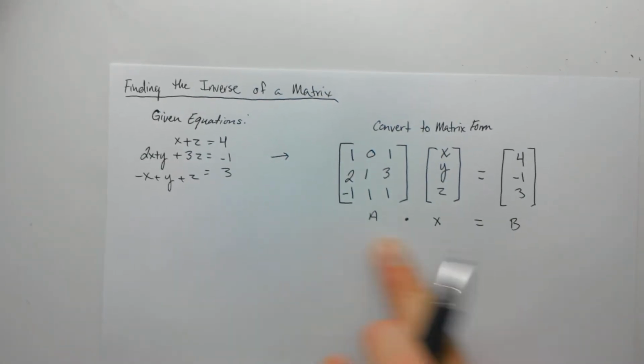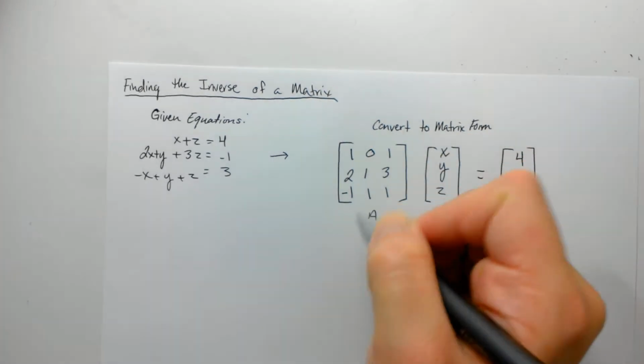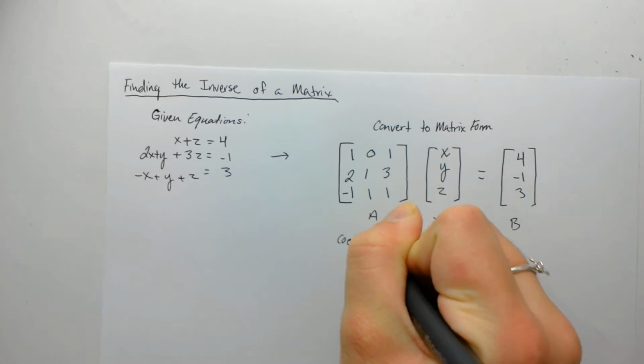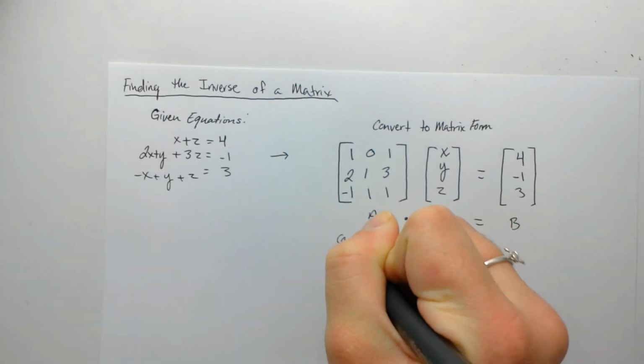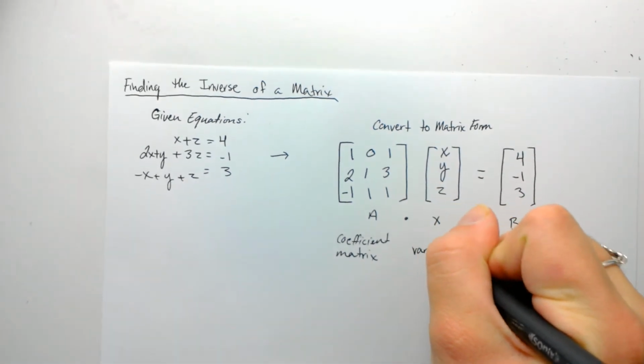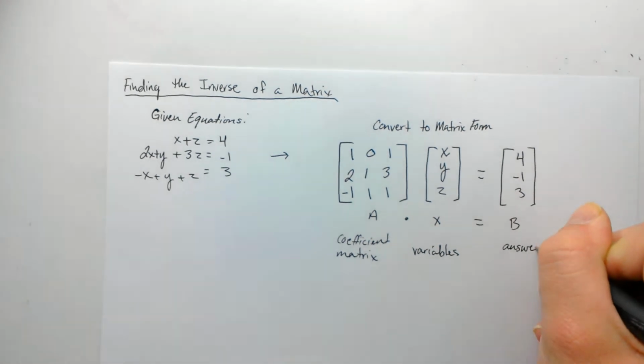This is commonly used in algebra, but you add a more complex way of thinking into solving for inverses of a matrix and different matrices, and that's why you don't see it until upper level math. But this is the coefficient matrix. These are our variables, and this is our answer column.